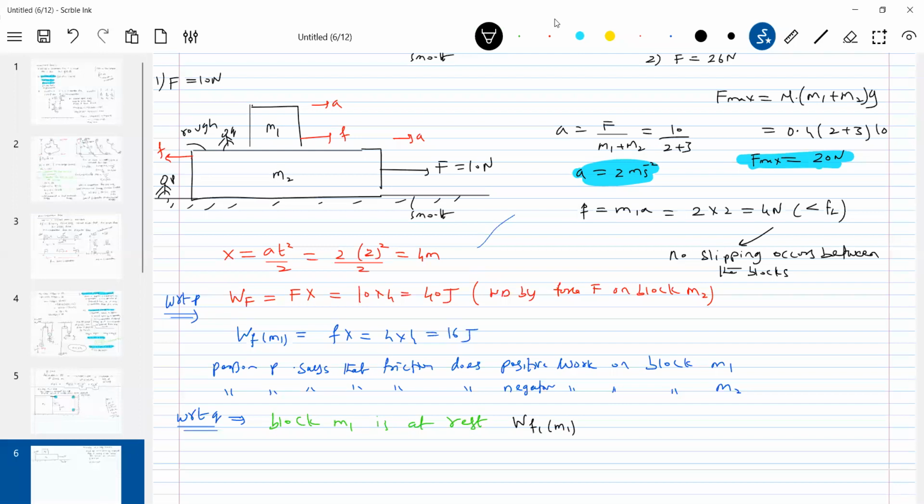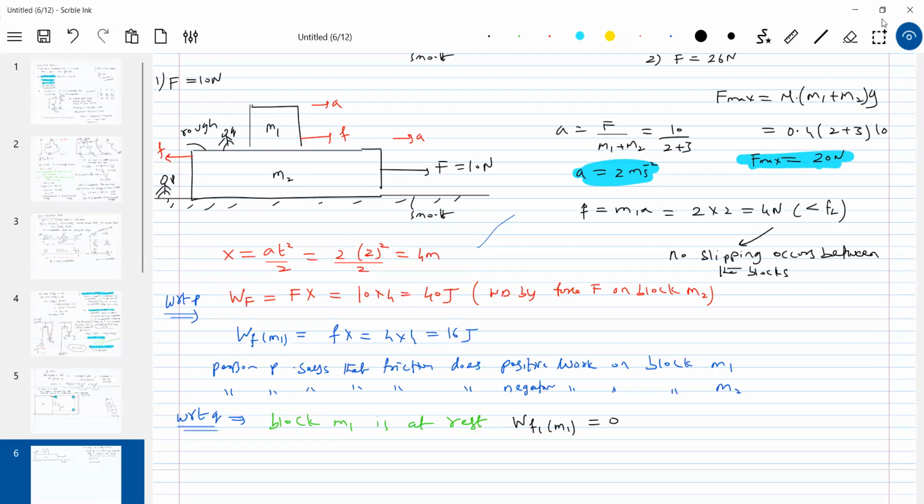Will be 0, no? Why 0? Because there's no displacement of the point of application of force. With respect to ground, the friction is acting and the point of application is displaced. Person Q says friction is acting, but there's no displacement of the block. Block is at rest. So the work done by friction will be 0.